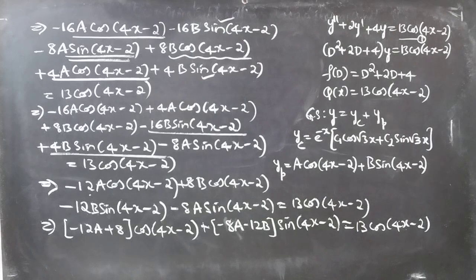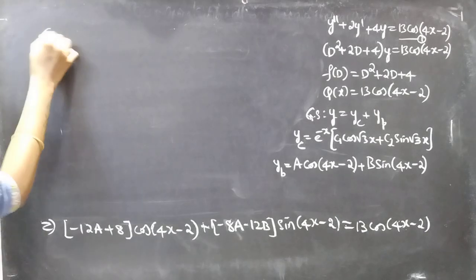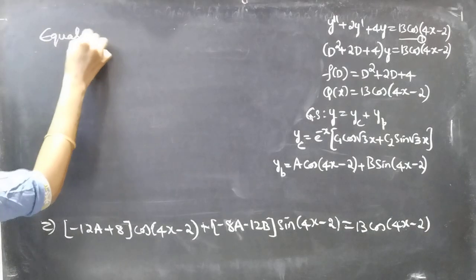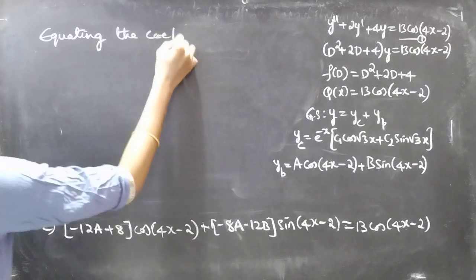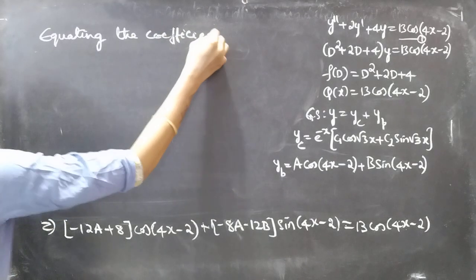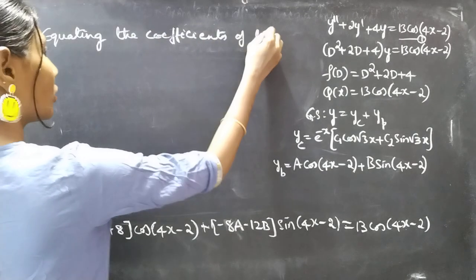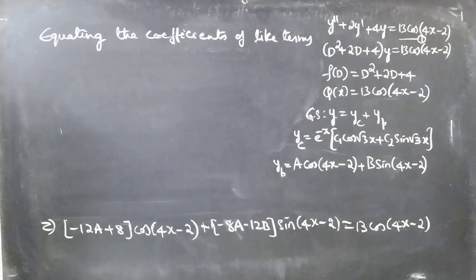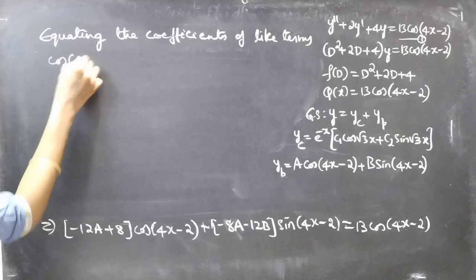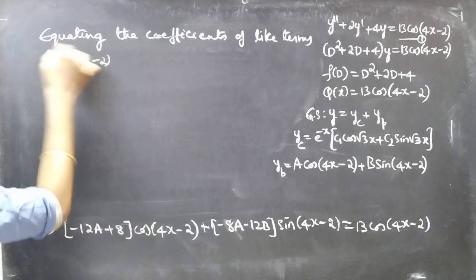Now equate the coefficients of like terms. I'll begin with cos of 4x minus 2.